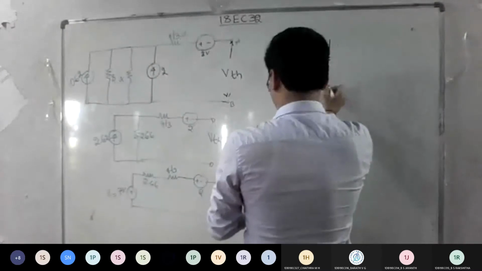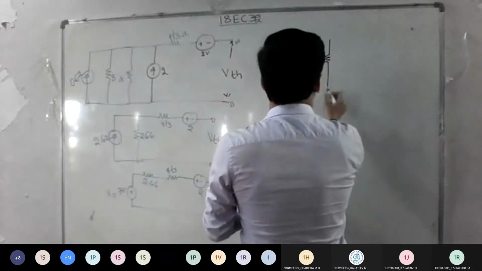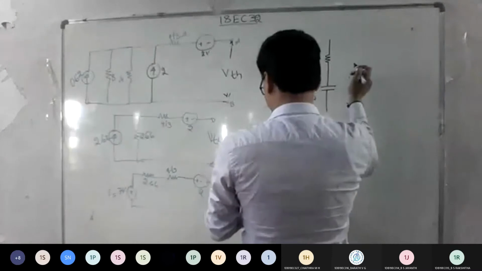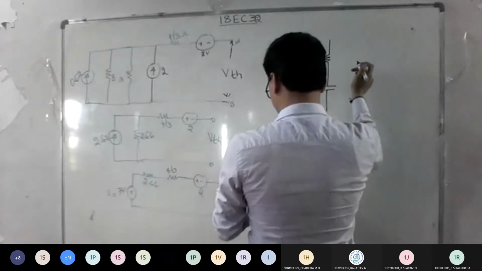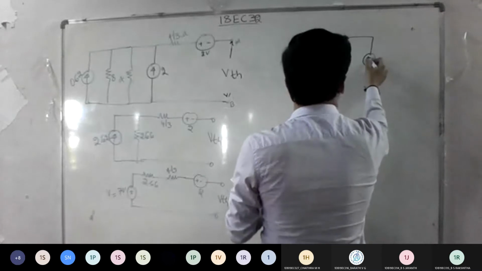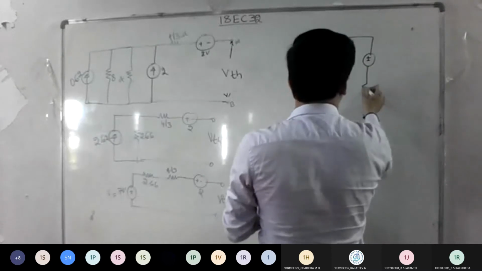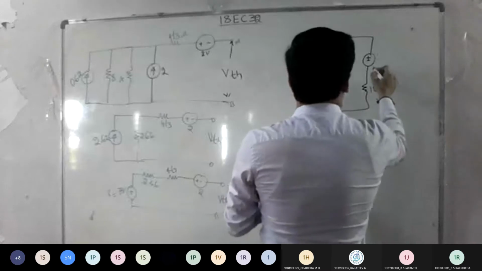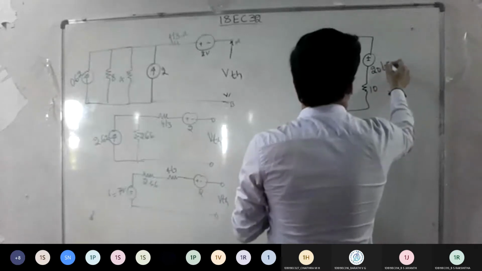The value of the resistor is given, the capacitor is given, and the source is 20 at an angle 0 degree volt.